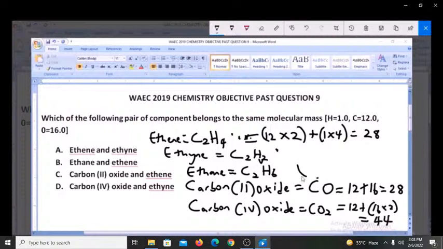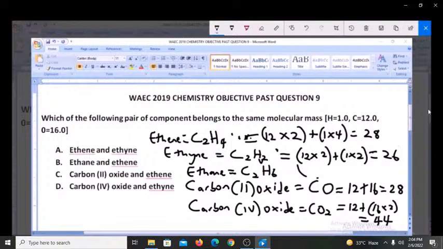And then ethyne, C2H2, which is 12 multiplied by 2 plus 1 multiplied by 2. So 12 multiplied by 2 is 24 plus 1 multiplied by 2, which is 2. So 24 plus 2 is 26.